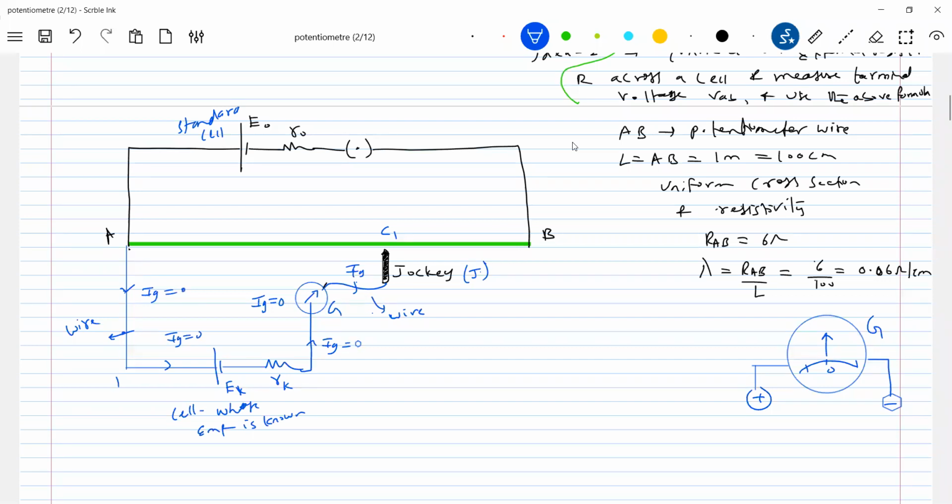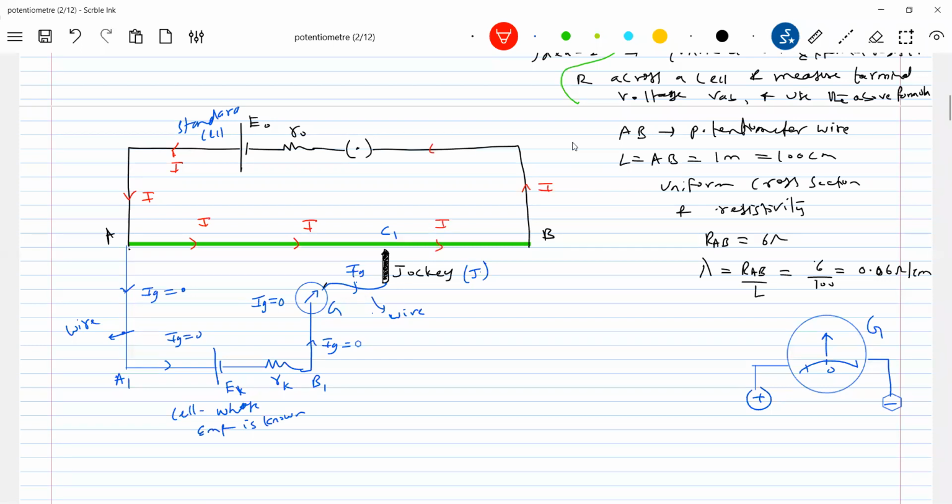So here we'll take the points A1, B1. These are the points A1, B1. No current flows through the galvanometer. So all the current from this cell will flow here, and no current through this. It will not branch here.